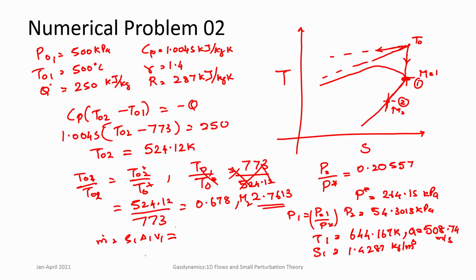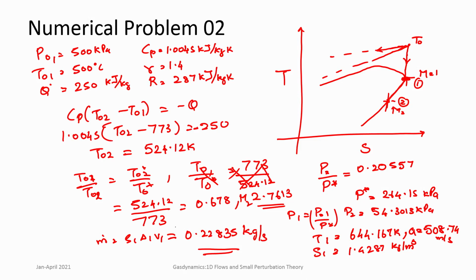Therefore, mass flow rate is 0.228345 kilogram per second.